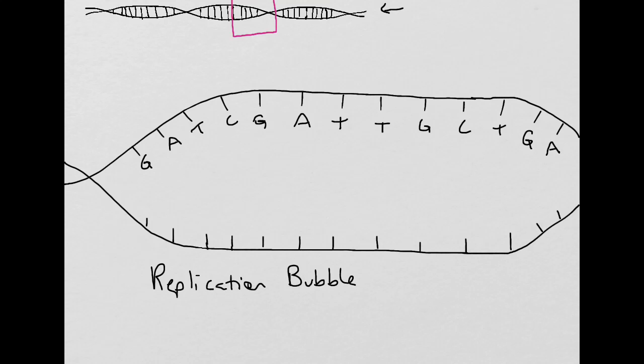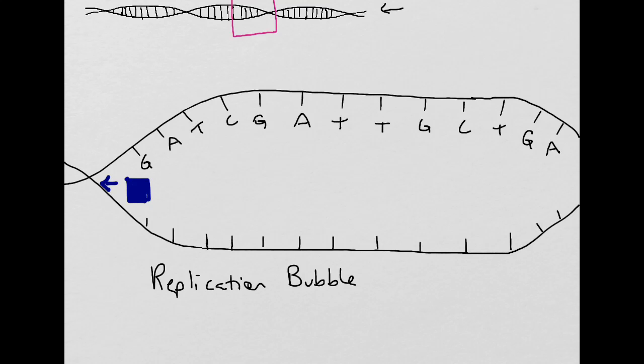And imagine this long, long strand of DNA. All along it, we have these replication bubbles opening up. Well, who's opening it up? Who did I say unzips the DNA? Who unzips the DNA indeed? This guy. Helicase. So helicase is going to move along, unzipping our DNA, and it's doing that all along the way, making lots of little replication bubbles.